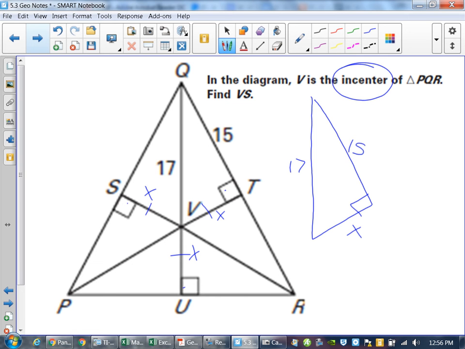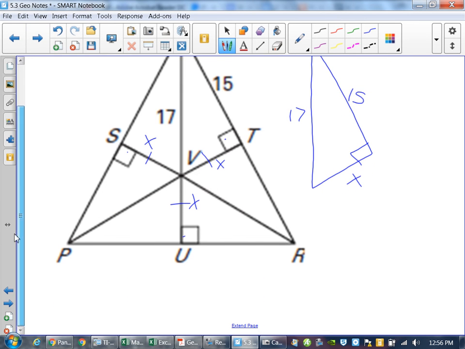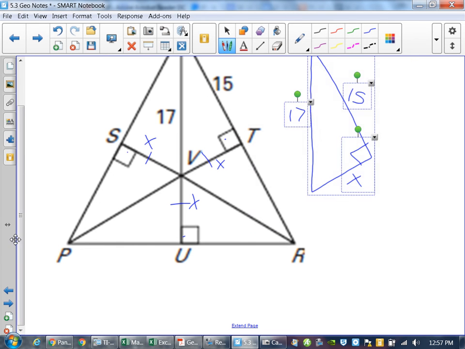How are you going to solve for x? I didn't hear how you were going to write it out. 15 squared plus 3 squared, well, x squared. Yeah, and that's all it is, guys.